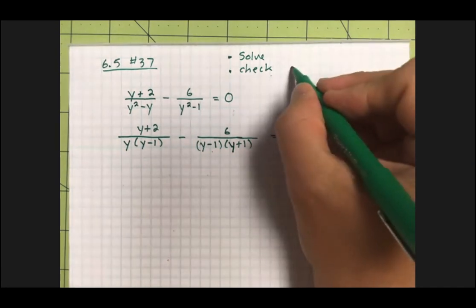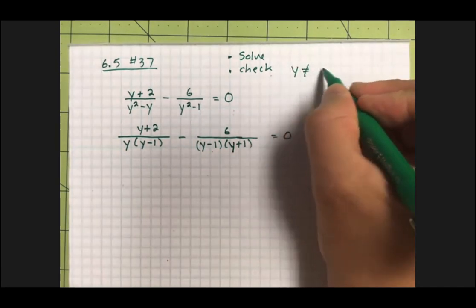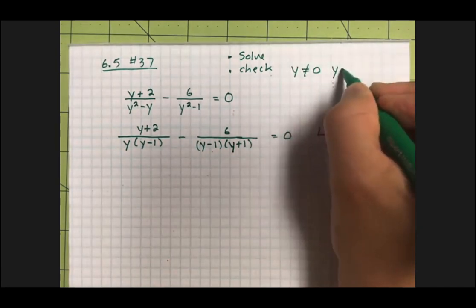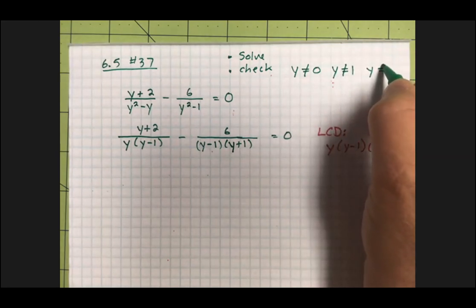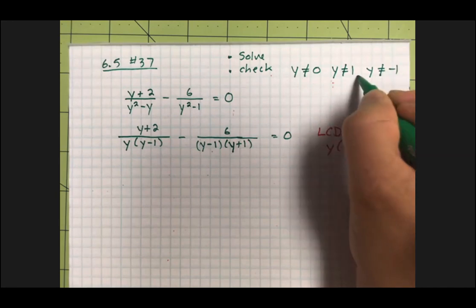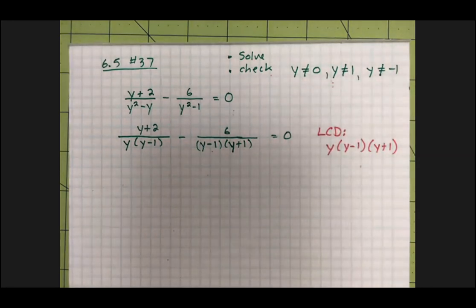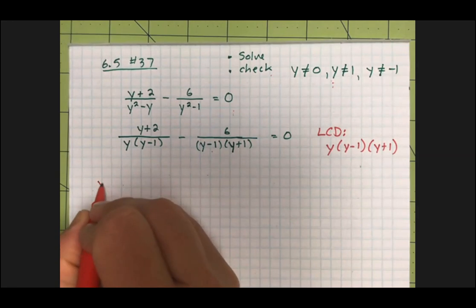So I have to say y cannot be 0, y cannot be 1, y cannot be minus 1. Okay, now that I've prepared that so I won't miss it, let's multiply both sides by the least common denominator.